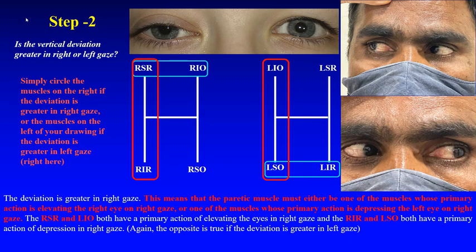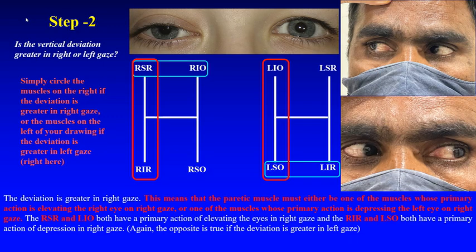The opposite is true if the deviation is greater in the left gaze. So simply circle the muscles on the right if the deviation is greater in the right gaze, or the muscles on the left of your drawing if the deviation is greater in the left gaze. It is right here. So we have now encircled the right superior oblique and right inferior rectus, left inferior oblique and left superior oblique.